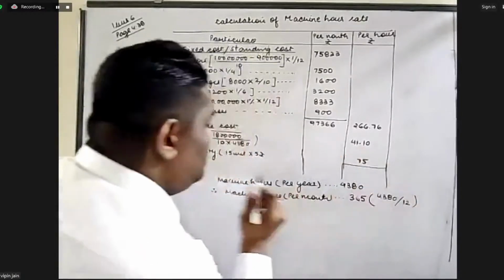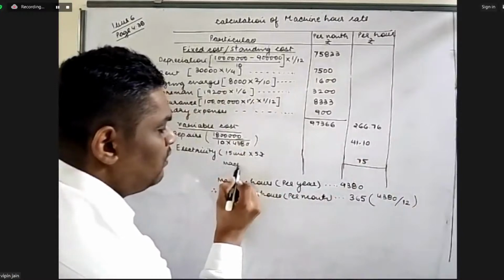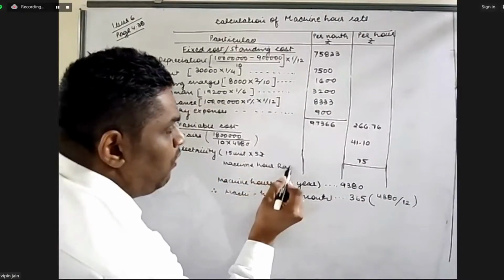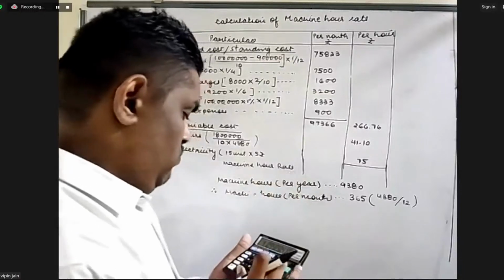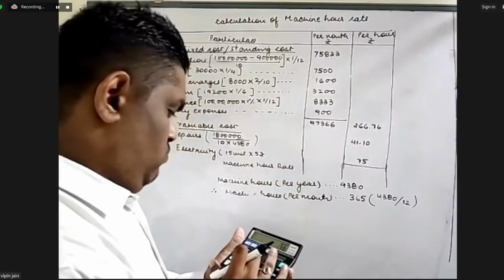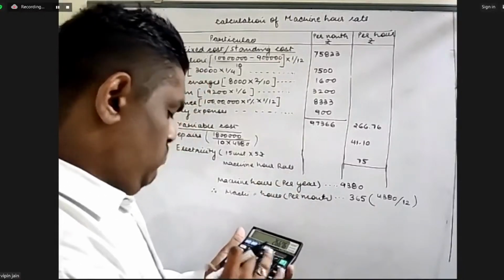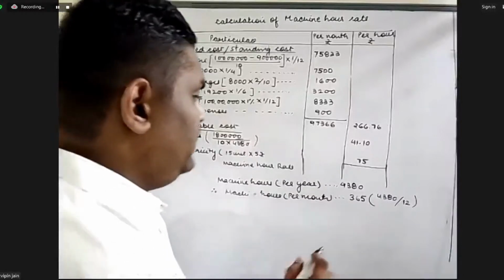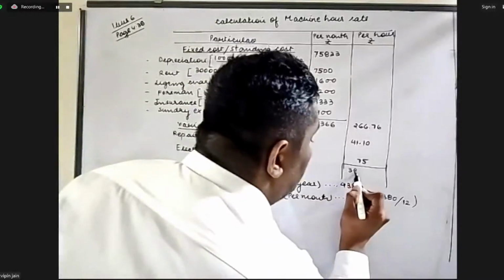So now the total machine hour rate will be how much? 382.86.